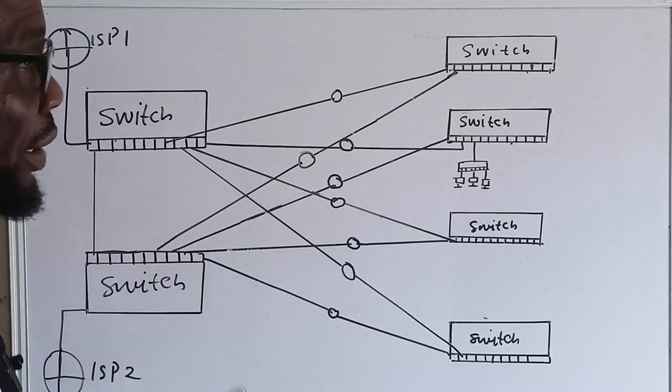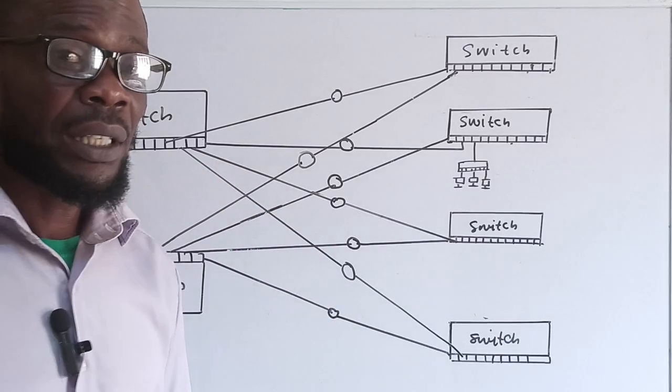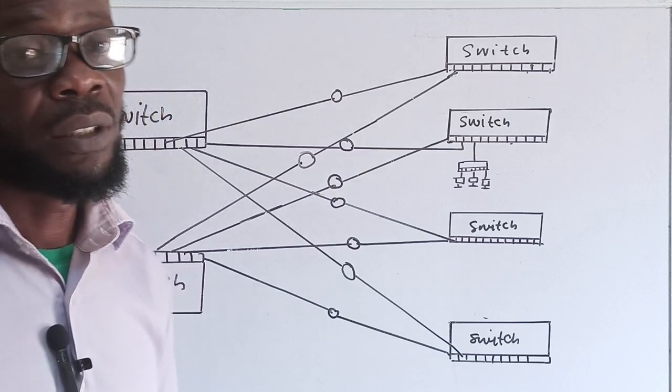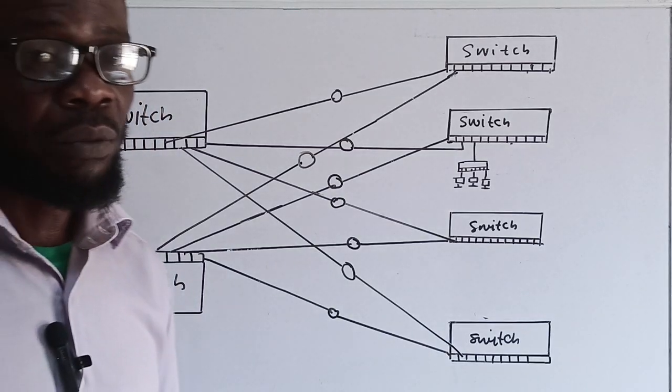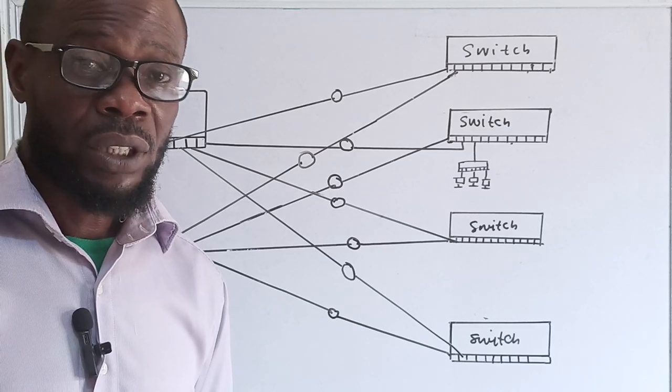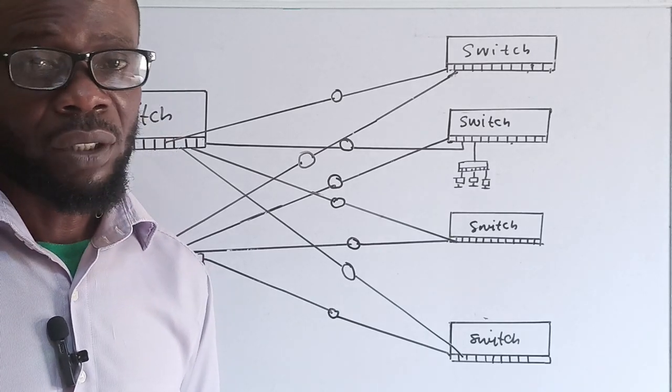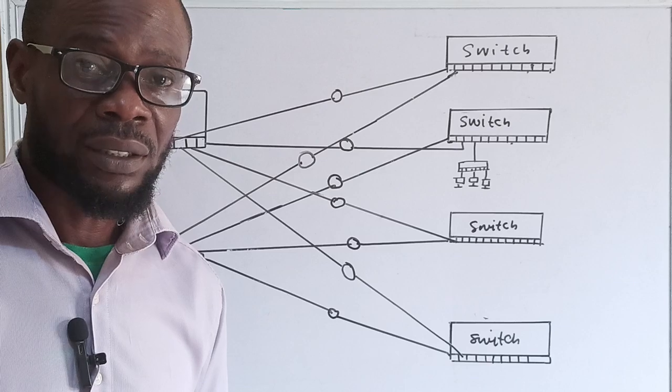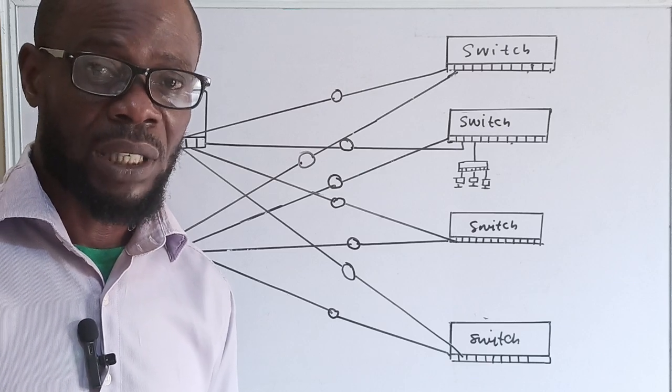You must build a metropolitan area network in such a way that there will be fault tolerance, because in this kind of network, users don't need to encounter downtime. We ensure zero downtime.